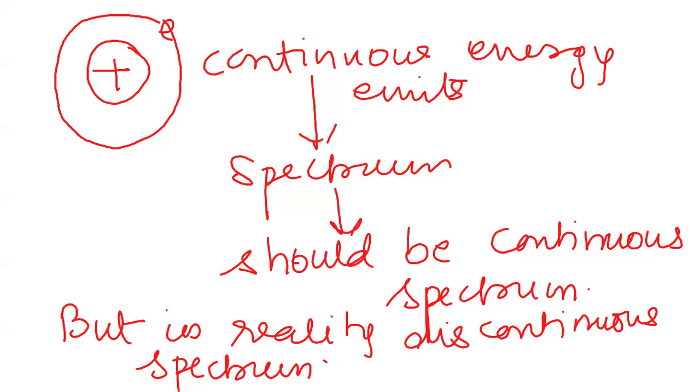Then after that, Rutherford's alpha scattering experiment. He bombarded high-speed alpha particles on a thin gold foil, and these alpha particles were positive. First of all, the observations in this experiment: most of the particles, that is 99%, passed through the gold foil without any deviation.